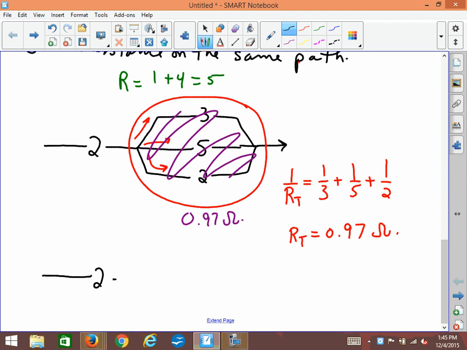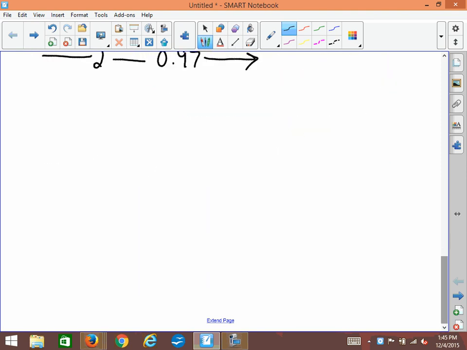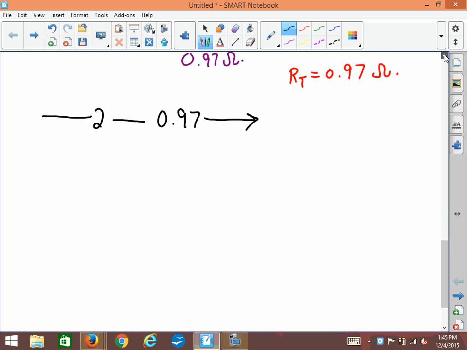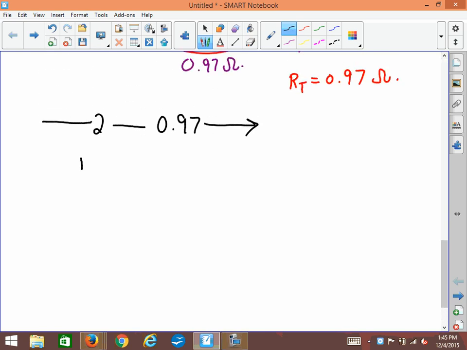So now I can redraw my picture even simpler. I have a 2, and now I replaced that whole section with 0.97 ohms. See that? And the last step is I've now got a series. I've got only one path. So now I will use my series rule. RT equals 2 plus 0.97. So the answer is 2.97.